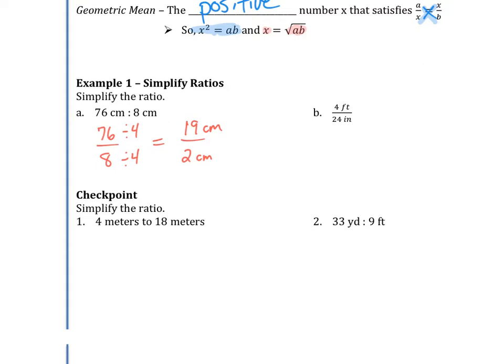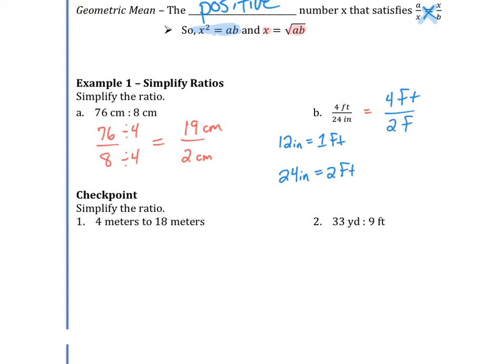Part B, we have 4 feet over 24 inches. So what we have to do is either turn the feet into inches or the inches into feet. 12 inches equals 1 foot. So in our ratio, I'm going to keep the top as 4 feet. On the bottom, 24 inches is equal to 2 feet.